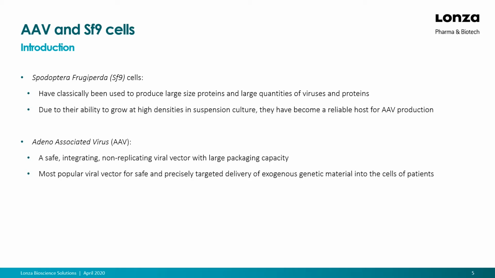In other words, they don't require CO2 gassing. This makes them easy to culture and to scale up in your manufacturing process. Those cells have been used to produce adeno-associated virus, AAV, one of the major viral vectors used in gene therapy application.